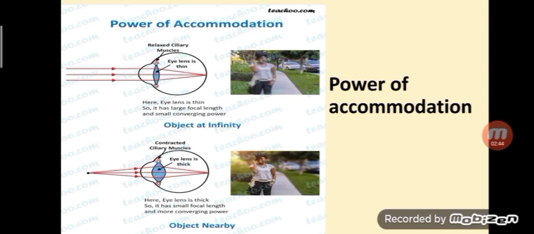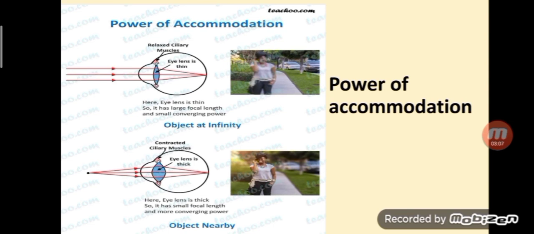When we see an object at a far distance, the ciliary muscles are relaxed and hence the eye lens becomes long and thin so that its focal length increases. In this case, the eye lens will focus light rays from far distance on the retina.